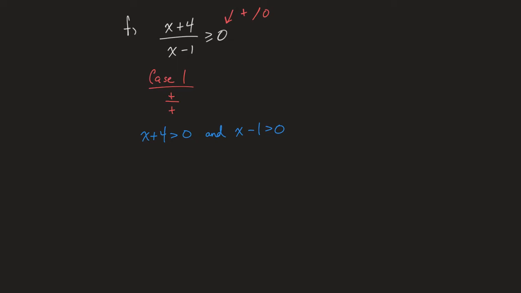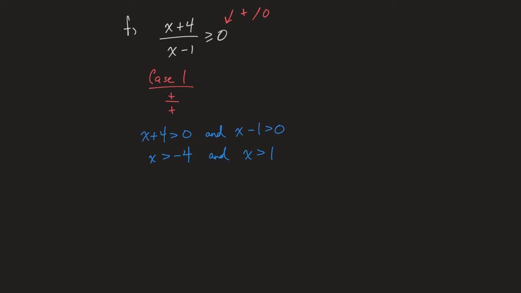Well, if you notice, what you have in blue now is two very easy linear inequalities. Well, let's go through and solve both. So my x must be greater than negative 4, and, that word's very important, x is greater than 1. Okay, I think we can shorten up those two statements into one.